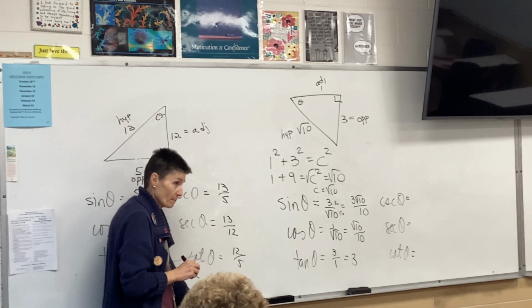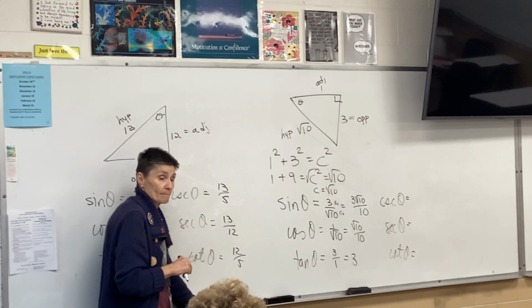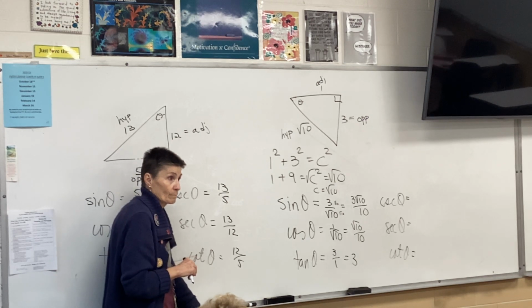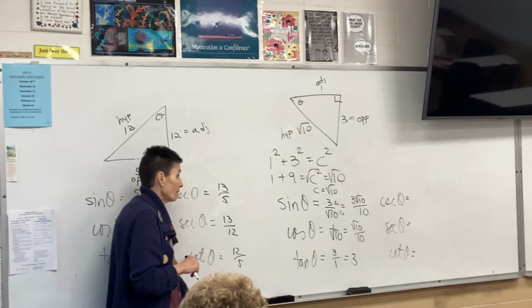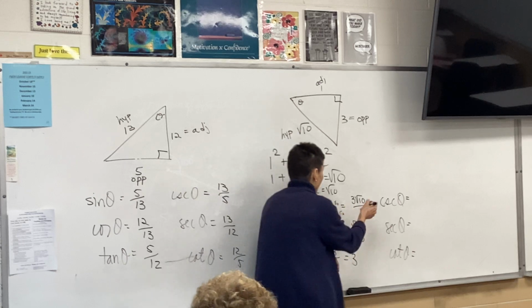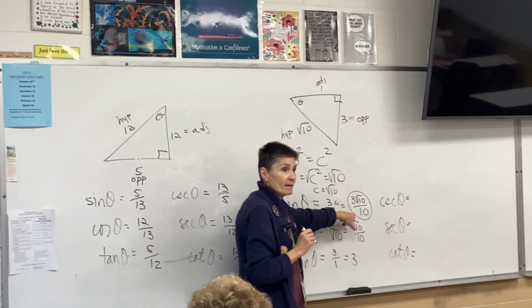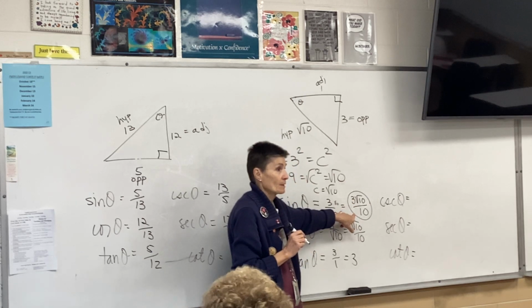Anybody have a question about those three? Because in a minute, we're going to turn them all over. All right, here we go. Cosecant is reciprocal of sine. Now, when I wrote my answer in the answer blank, that's what I wrote down for sine.